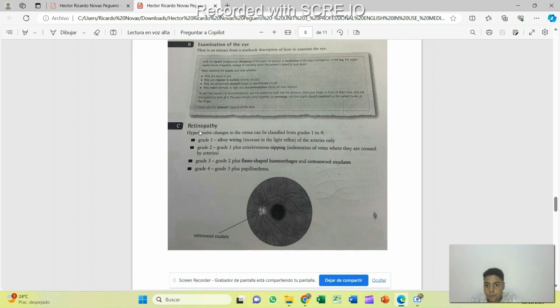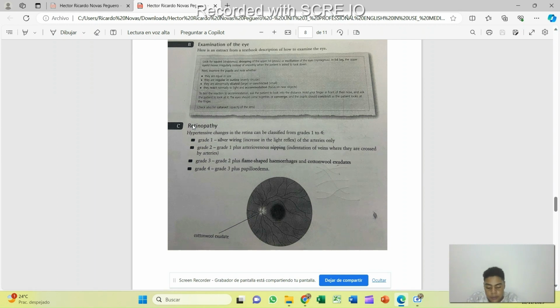C. Retinopathy. Hypertensive change in the retina can be classified from grades 1 to 4.